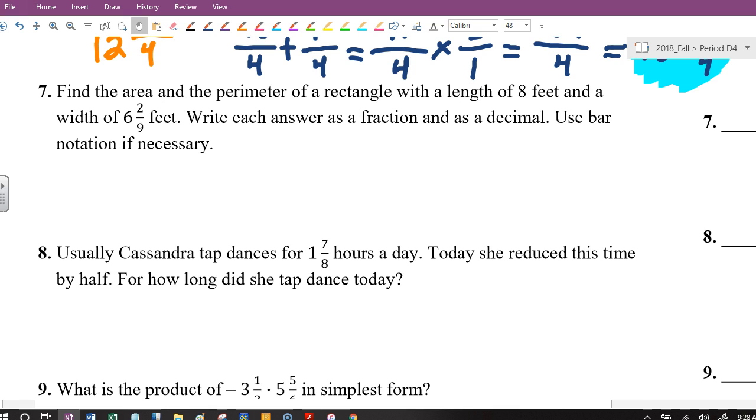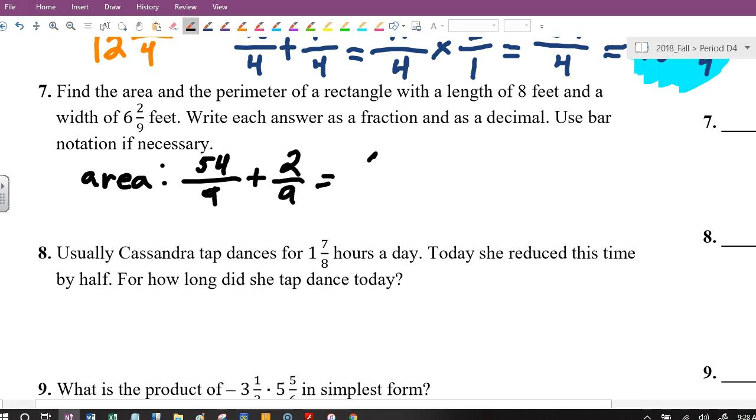So, for the area, you would first change 6 and 2/9 into an improper fraction. So 6 times 9 is 54, plus 2 ninths, equals 56 ninths.